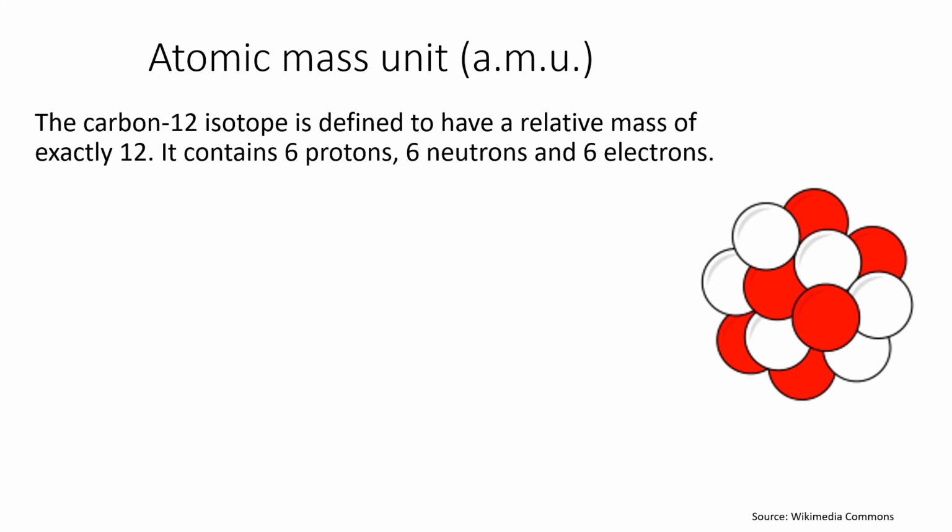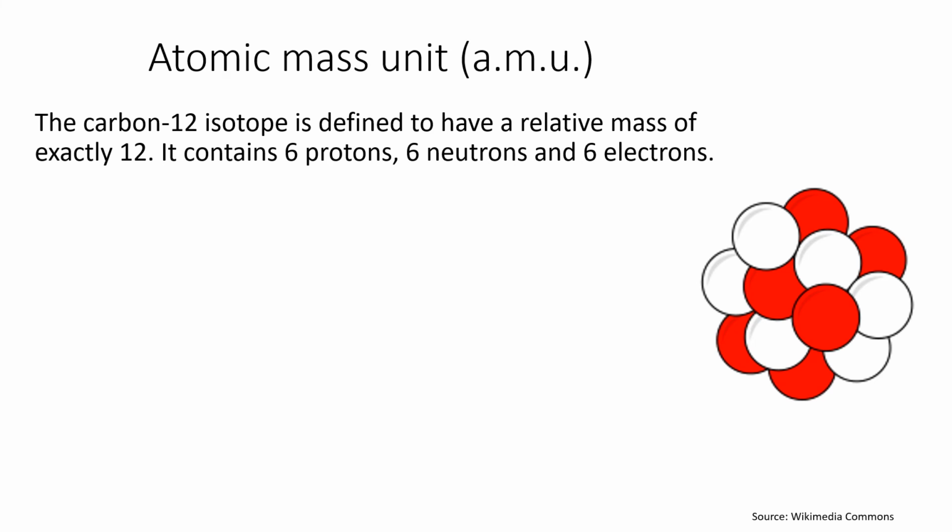Before we go on to talk about nuclear fission, I was just going to say a word or two about the atomic mass unit, as I alluded to it in the last slide. This idea that carbon-12, the isotope, is defined to have a relative mass of exactly 12. Well, that's 12 in these atomic mass units. When biologists talk about Daltons as a mass unit, that's actually the same unit as this atomic mass unit.